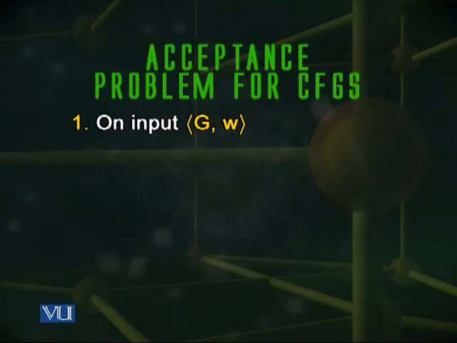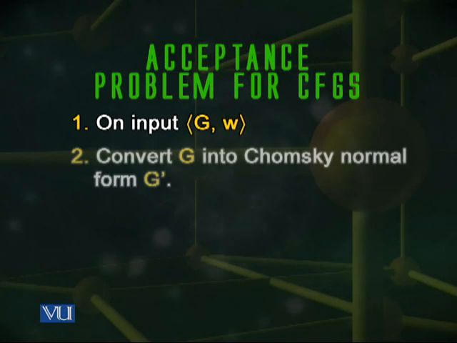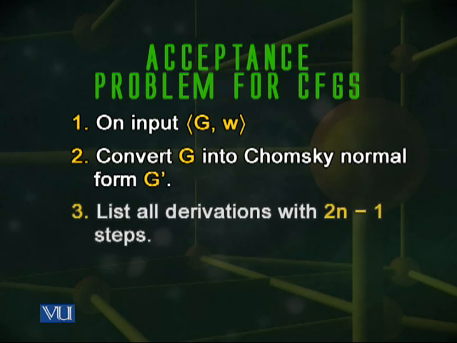So on input G, W, we will convert the grammar G into Chomsky normal form to get a new grammar G prime. Now, the grammar G prime is in Chomsky normal form, and we'll list all its derivations, which consist of 2n minus 1 steps. Recall that we are going to have only finitely many derivations which consist of 2n minus 1 steps.